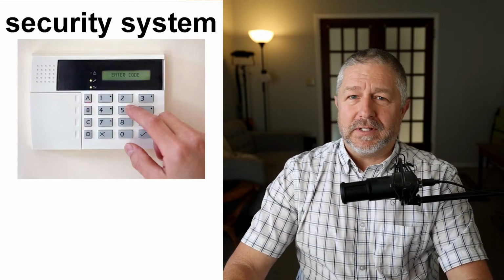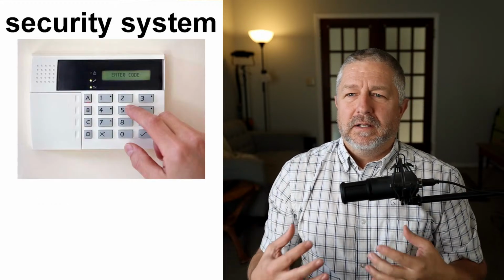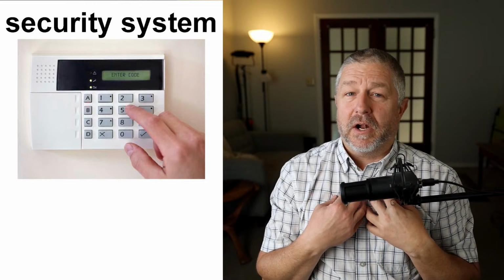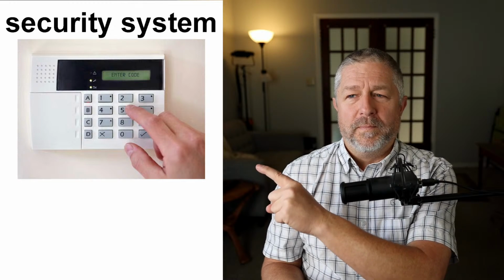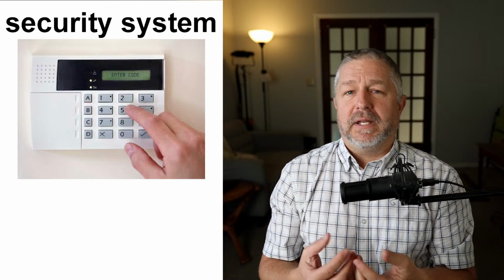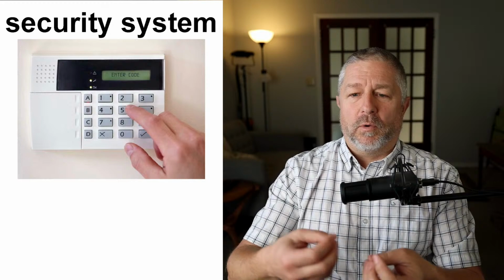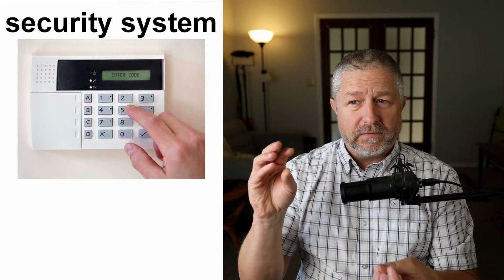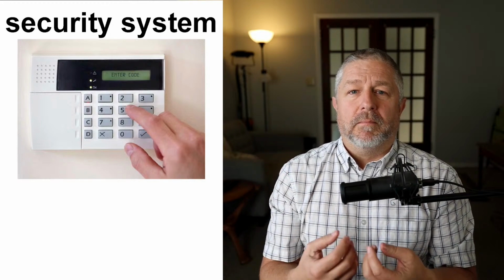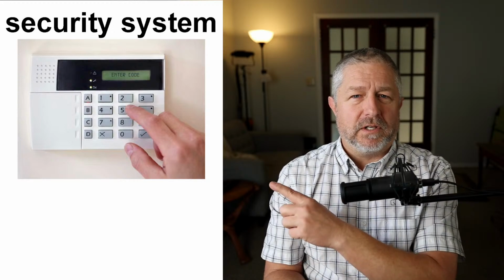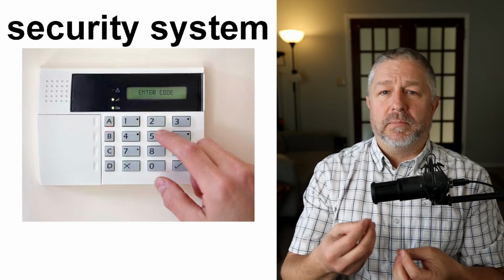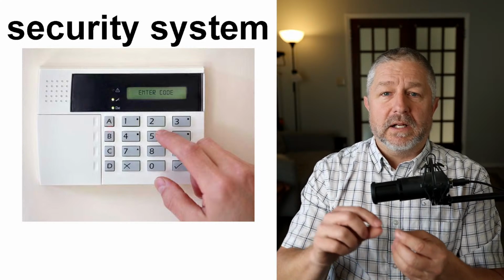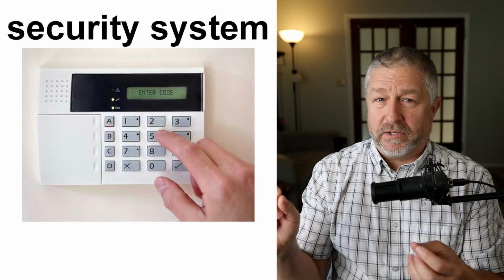You might have a security system. We have a lot of security systems in our businesses. Some people have security systems in their home. A security system can be as simple as if someone opens a door, an alarm goes off, but it might also be monitored. When you have a security system that is monitored, it means that if someone breaks into your home, it alerts someone at the monitoring center.